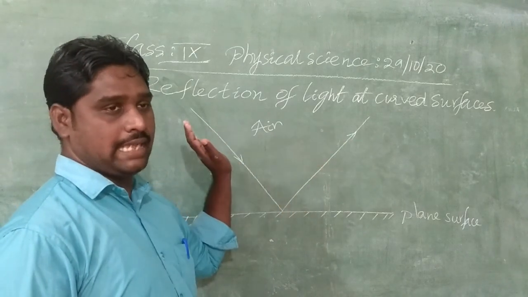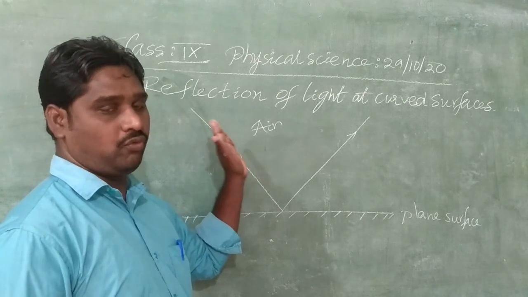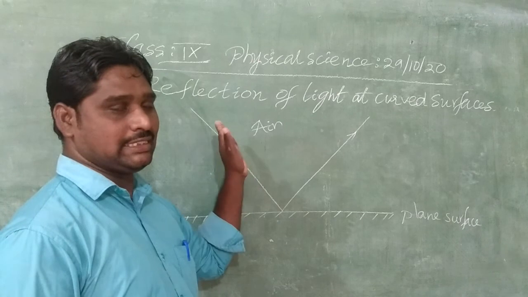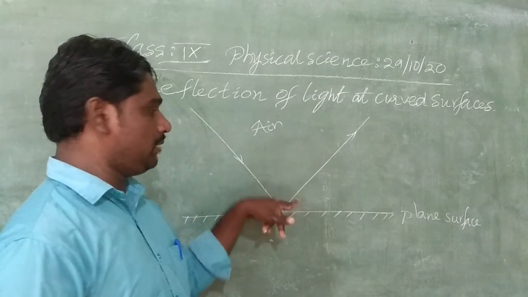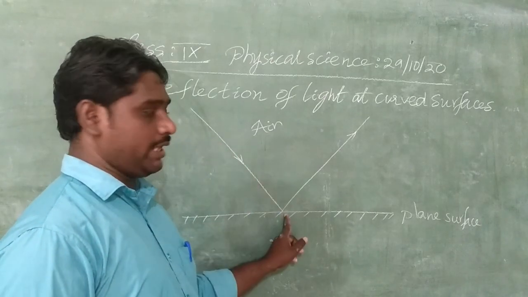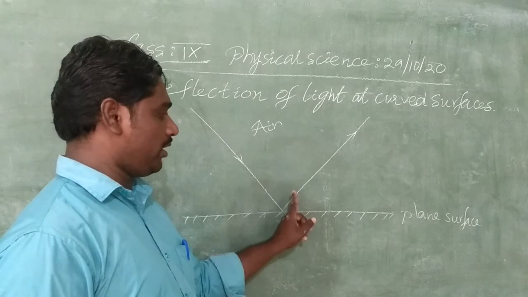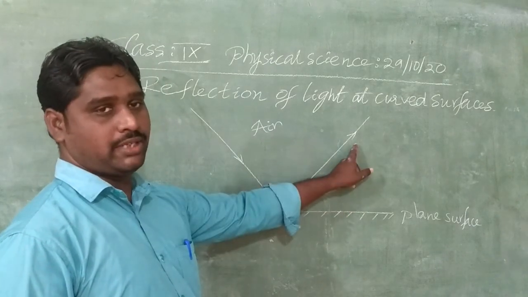It is like a ball thrown on a wall. The ball bounces and returns back. Similarly, light rays striking any plane surface get reflected, returning to the same medium.